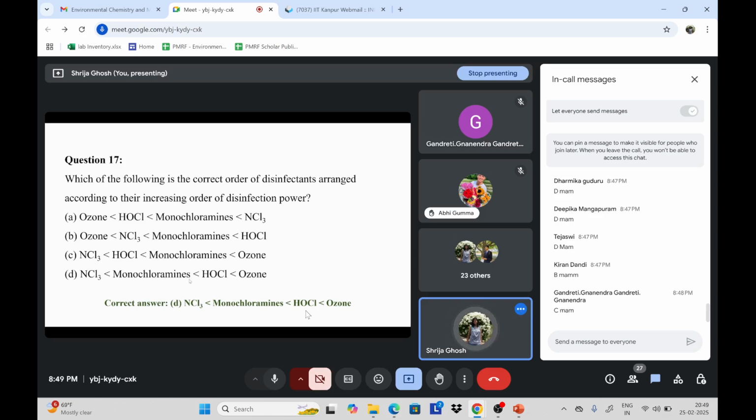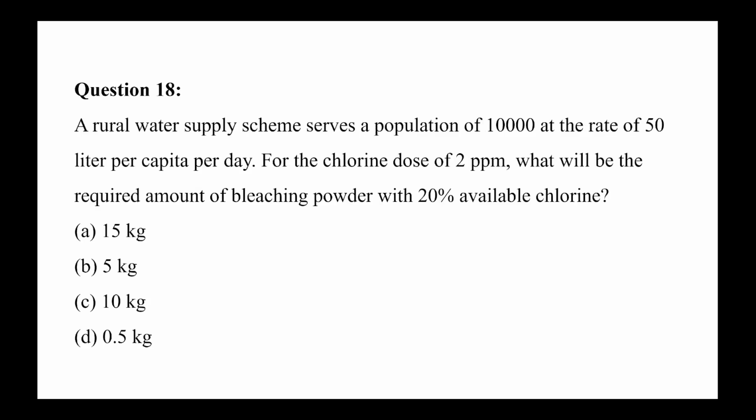So NCl3, then monochloramines, then HOCl, and then ozone. That is the correct increasing order of disinfection power. That's clear to everyone? Moving on to the next question.